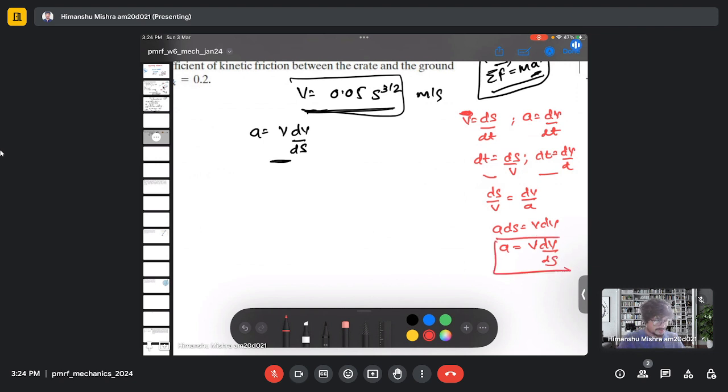So this is the expression we are using because we have been given the velocity in terms of distance. In the previous question, we obtained the expression of acceleration in terms of time, so we used that formula. But now it is given in terms of distance, so we will be using this one.